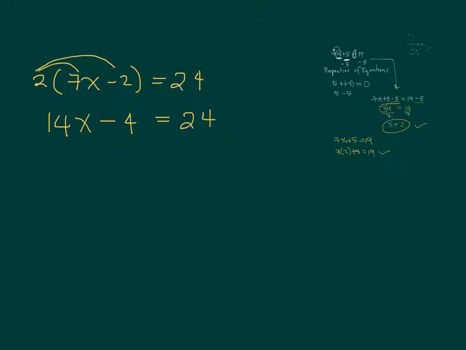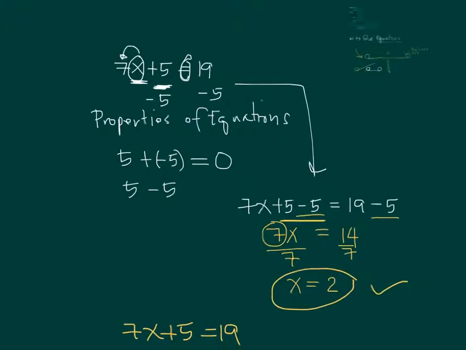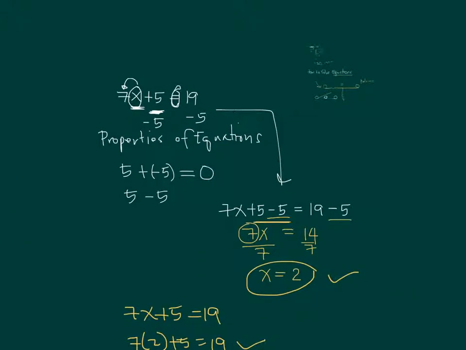I need to make this 0. What should I add or subtract so that this will become 0? If we try to look at our example a while ago, what did we do to make the 5 zero? We added the opposite, negative 5.